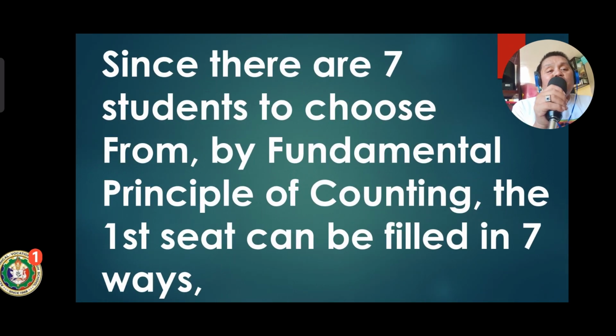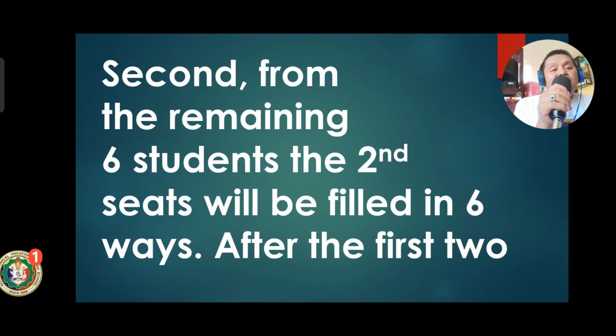Since there are 7 students to choose from, by the fundamental principle of counting, the first seat can be filled in 7 ways. Second, from the remaining 6 students, the second seat will be filled in 6 ways.